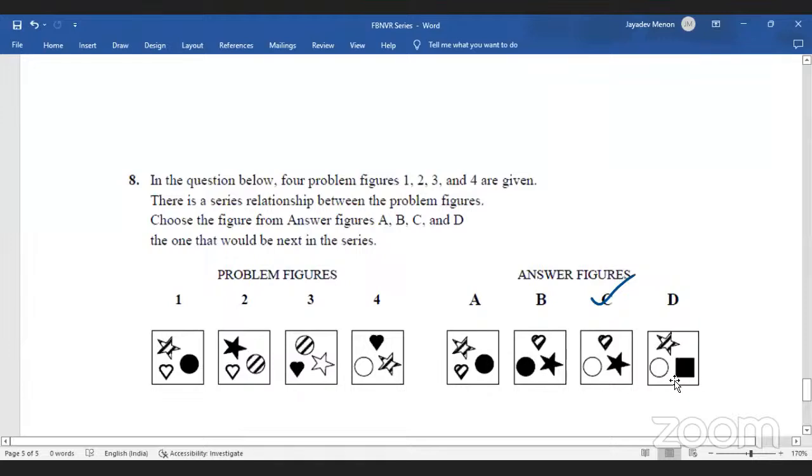Here we have circle, star, and square, so the heart is missing. In option C, we have circle, star, and heart with different shading. The circle is blank, the star is dark, and the heart is shaded with bars. So option C is our answer.